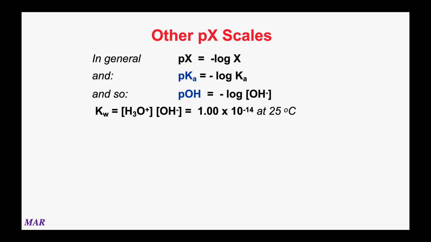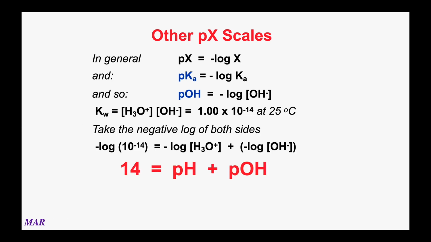Minus log of hydronium is pH, minus log of hydroxide is pOH. In the world of logarithms, if you go minus log hydronium times hydroxide, you can actually break that up. You can break up minus log hydronium times hydroxide into minus log hydronium plus minus log of hydroxide. This is a reason why people like using logarithms in science.